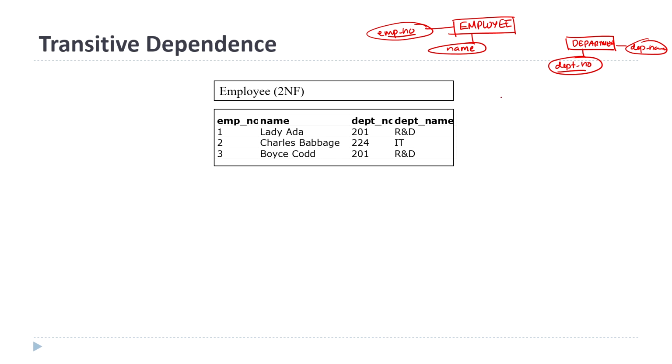Both these are two separate entities, but they coexist in one table. That is what we call transitive dependency.